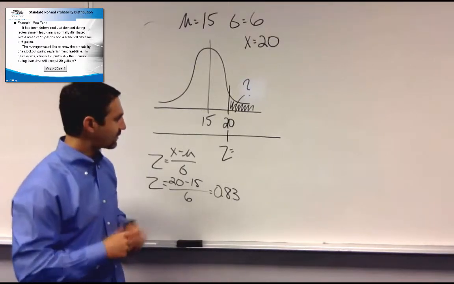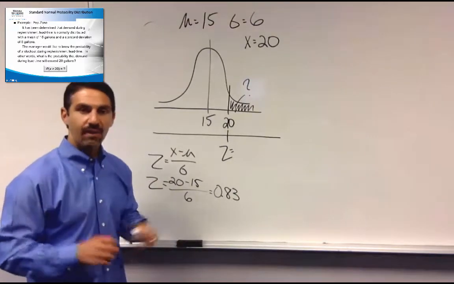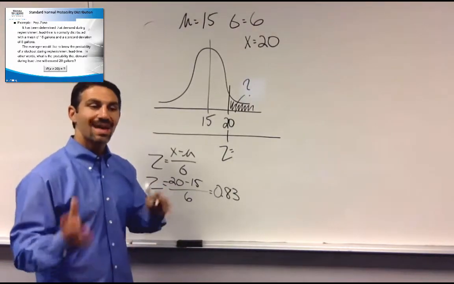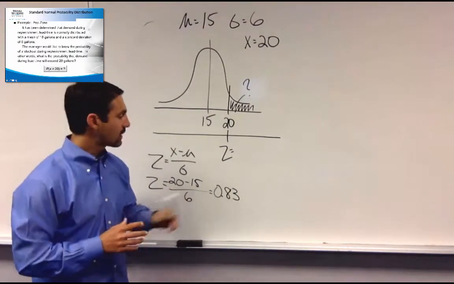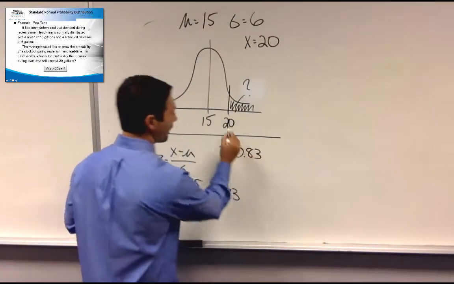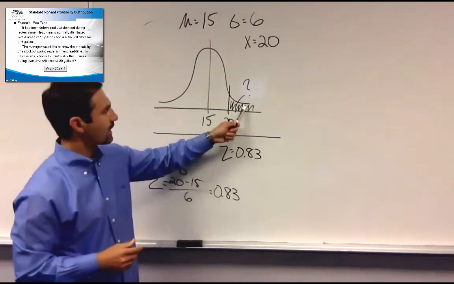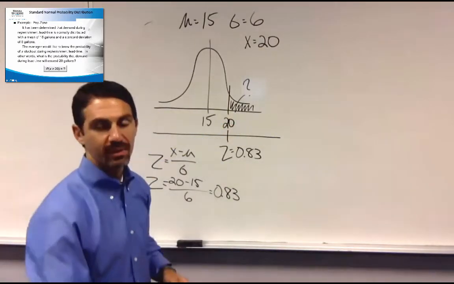So that 0.83 then corresponds to a probability. We have tables that can give this to us. We can also use Excel to find that information. So at 20 is a z-score of 0.83. Now we want to know that probability here.